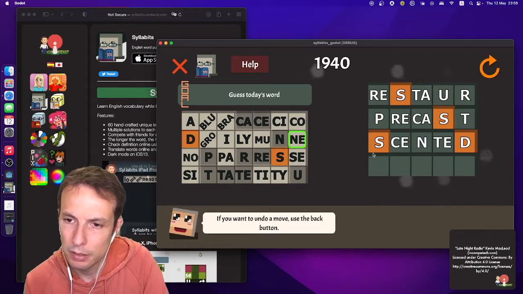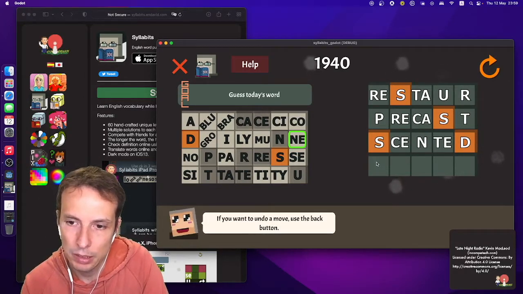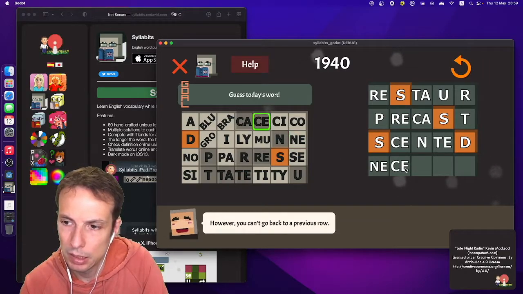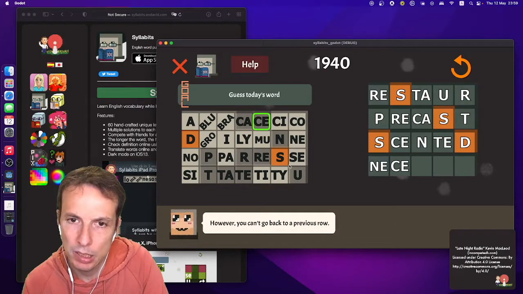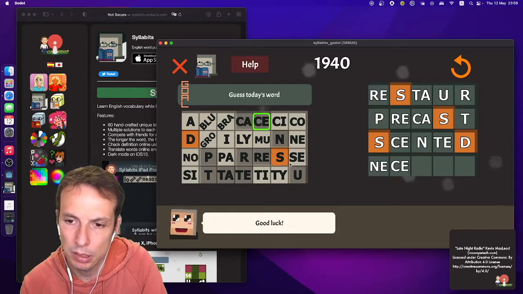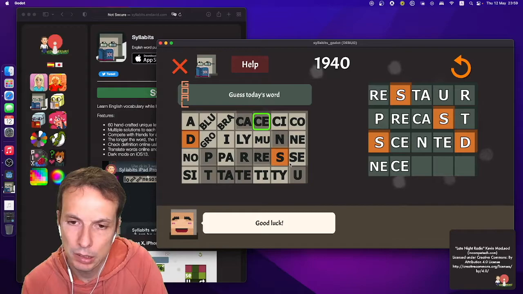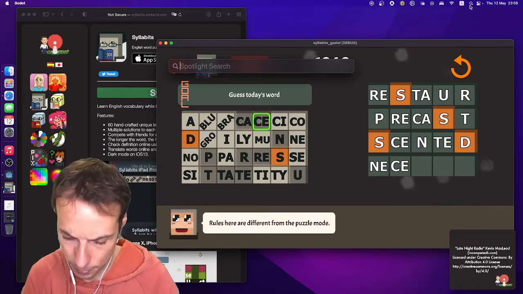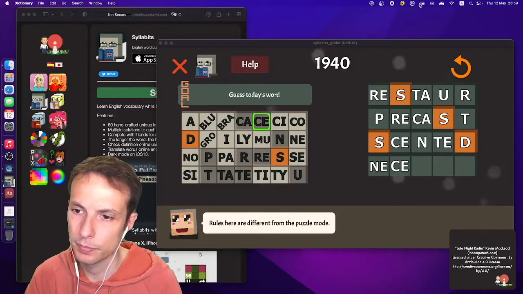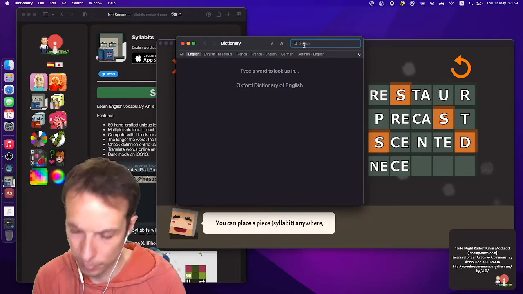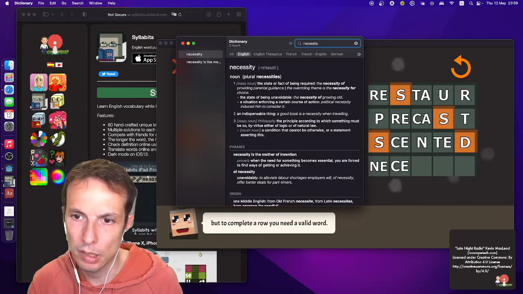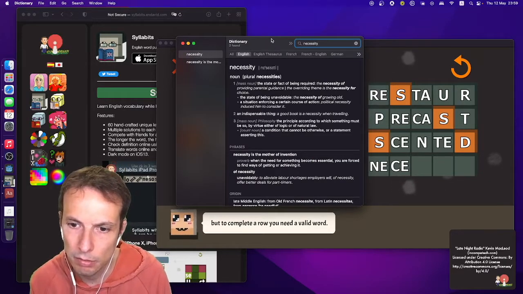With necessity or something. But this necessity is with 2 S's, right? Let's open the dictionary. Is there any alternative spelling?